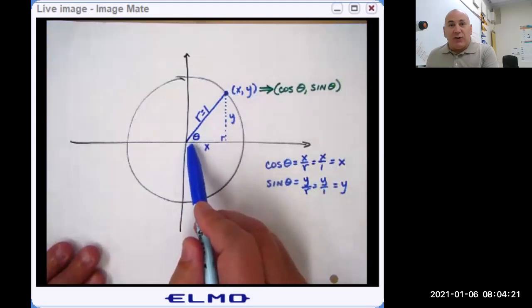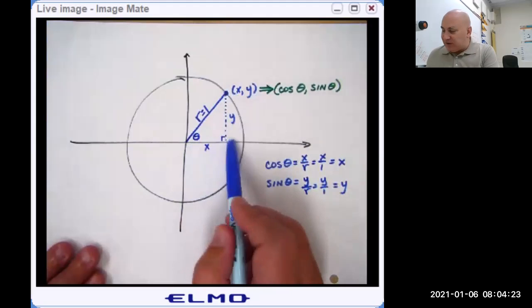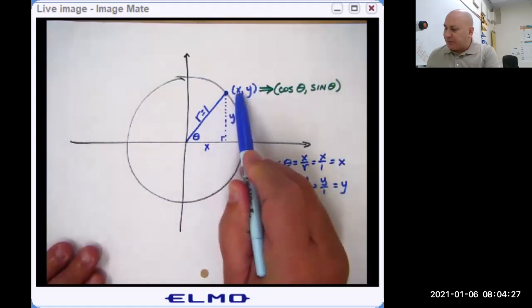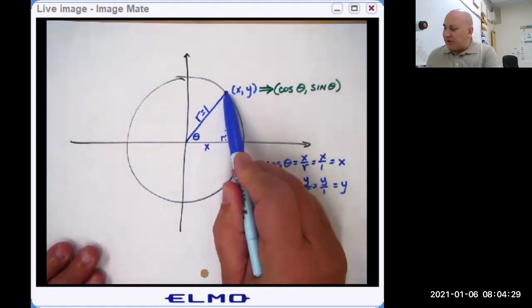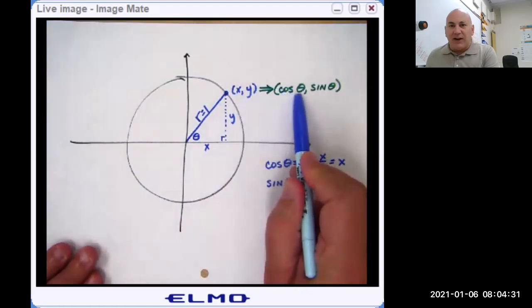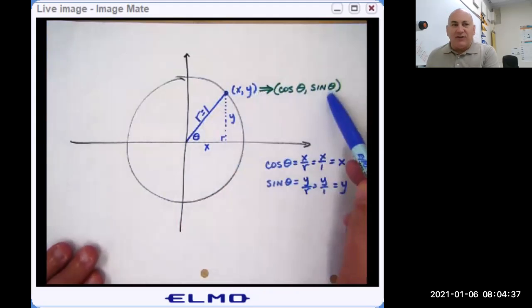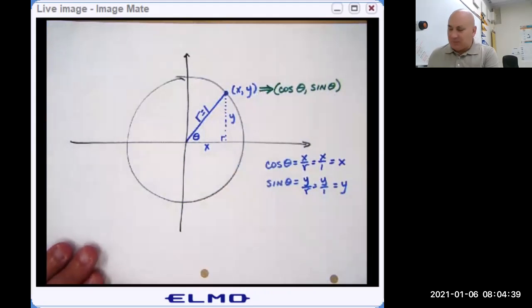And you can see that cosine theta, being adjacent over hypotenuse, is x over 1, or x. So the x coordinate of this point is the cosine of theta. And similarly, the y coordinate is the sine of theta. Here's what I just said.